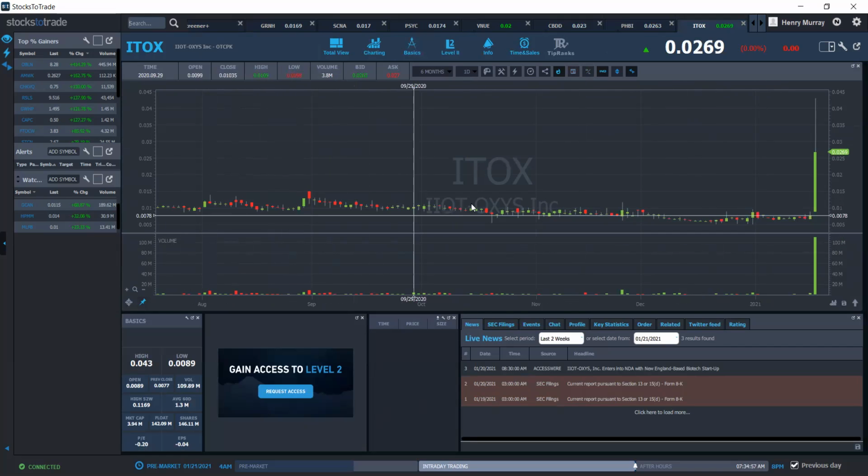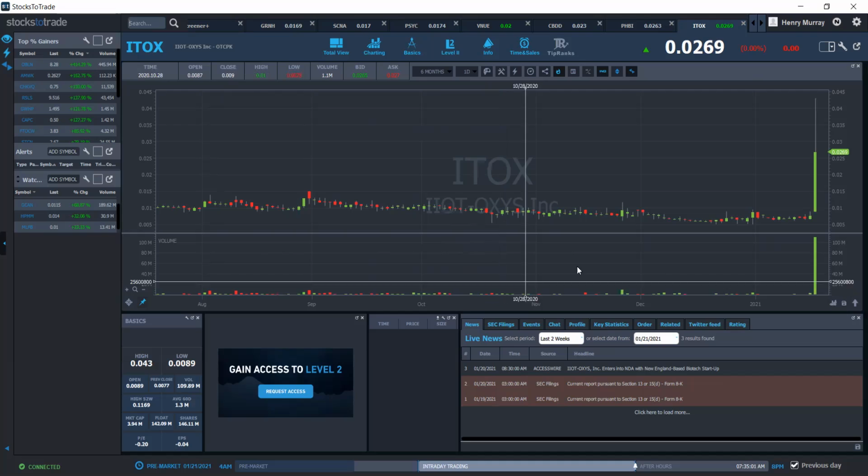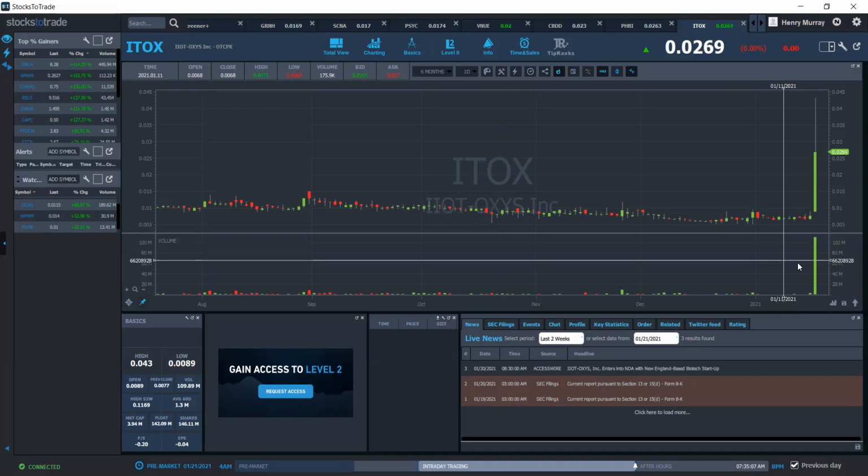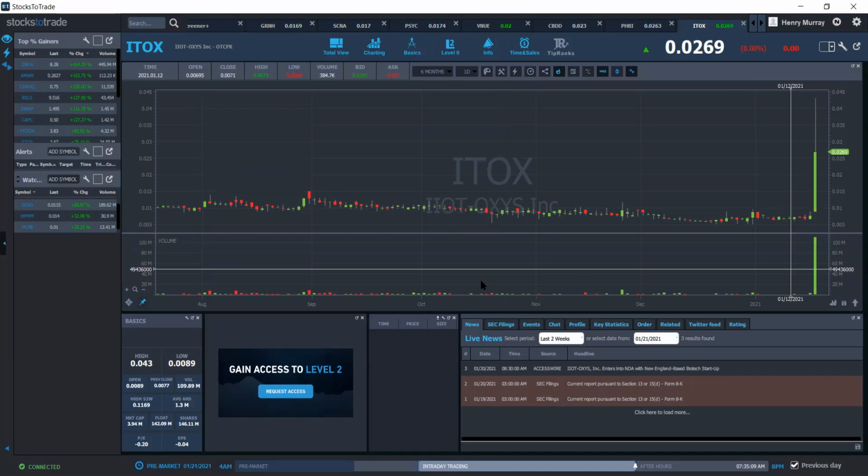Little to no volatility, little to no volume. And here comes the big spike. First green day, big volatility supported by big volume. This one I'll definitely add to my list. All right, next stock.